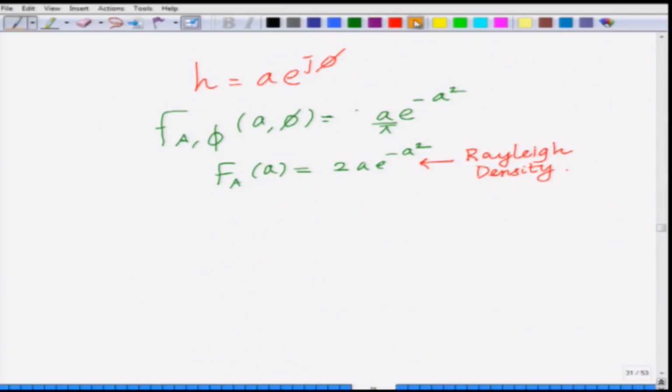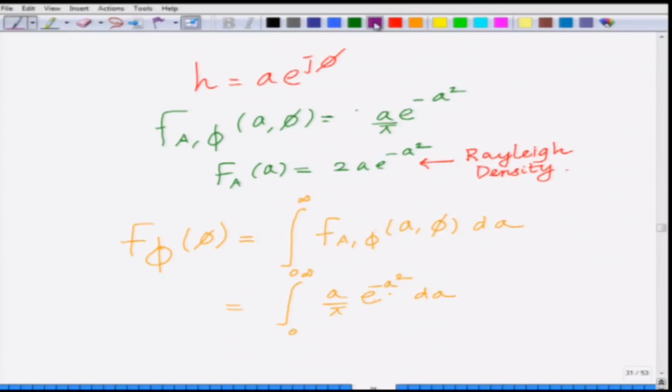Let us now find the distribution of the phase, that is f of phi, the phase component. For this I can integrate the joint density with respect to the amplitude a, and the amplitude lies between 0 to infinity, because the amplitude is always positive. So, this is the integral from 0 to infinity of a by pi e raised to minus a square da. Now, if you look at this integral, I have a e raised to minus a square.